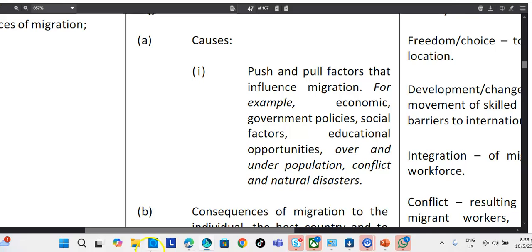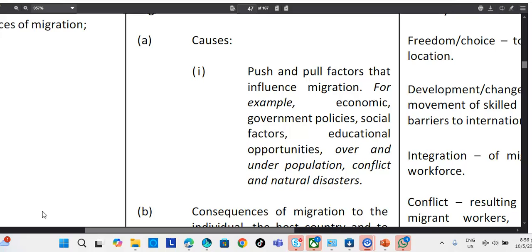Crime, unemployment, help me students, natural disasters, poor educational, health, housing, and recreational facilities, political instability, high cost of living. All those are push factors that would cause you to migrate to another country.